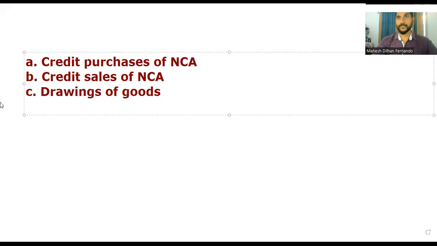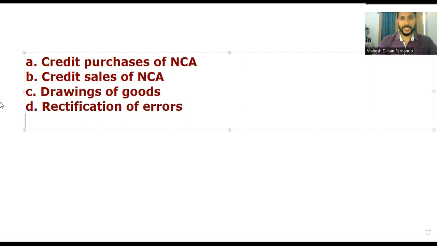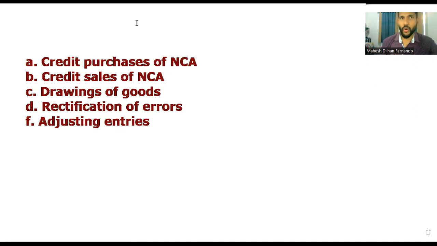D, the rectification of errors. F, adjusting entries. All these transactions are recorded in the general journal.